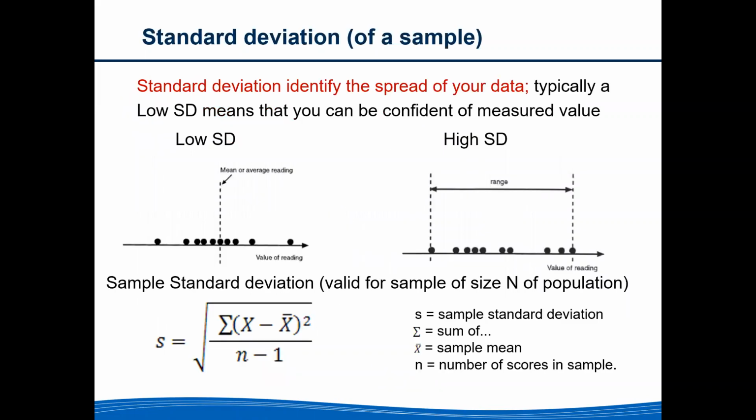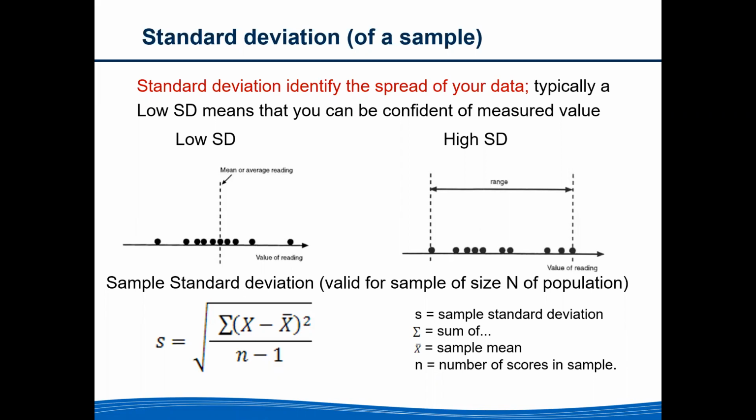Standard deviation of a sample is a way to identify the spread of your data, okay? You are provided here with the equation to follow. The standard deviation of the samples will tell you essentially that if all your measurements tend to concentrate around the average value, you have a low standard deviation. If instead your measurements go all over the place, over a wide range, you have a high standard deviation. To calculate the sample standard deviation, there are simple techniques in Excel.